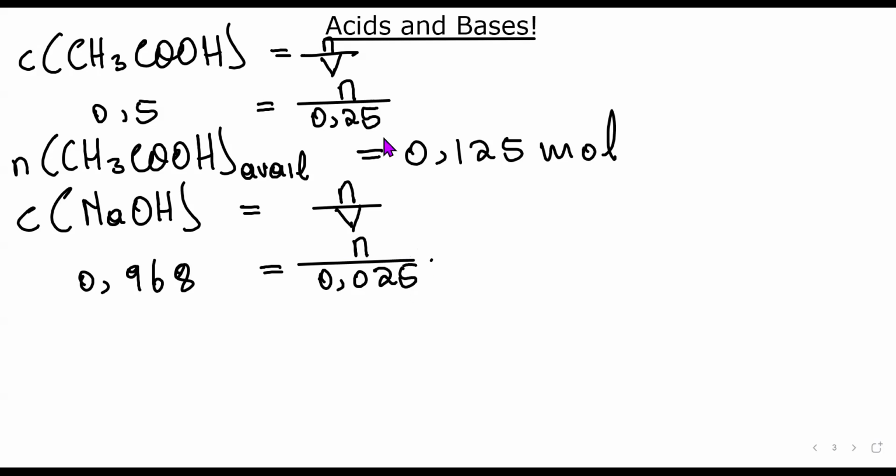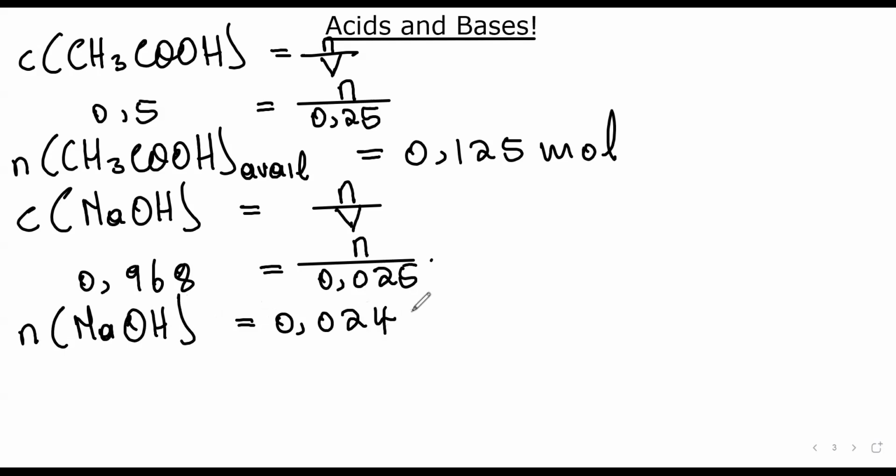And if we now cross multiply, well, we simply get 0.0242, and then we say moles.